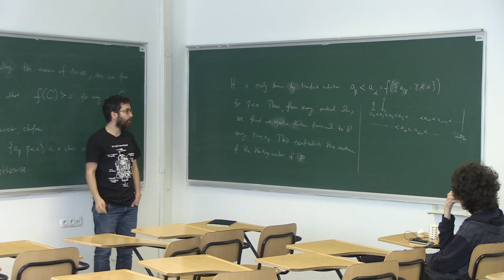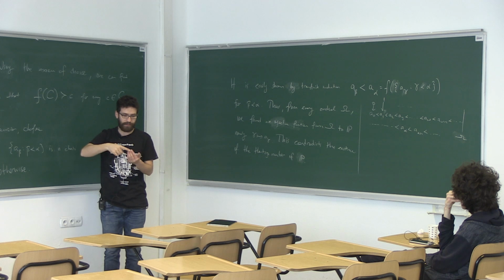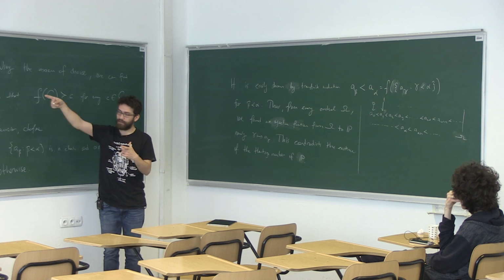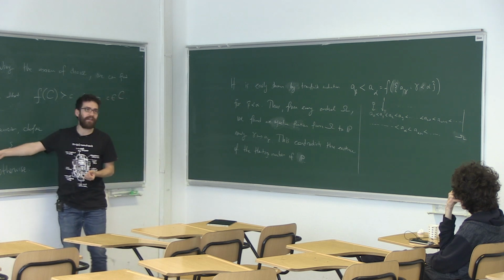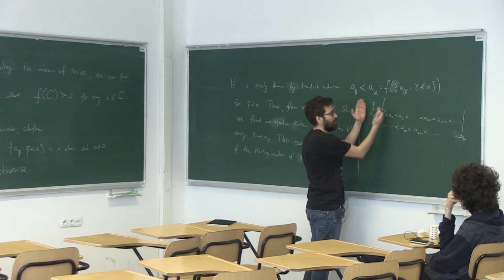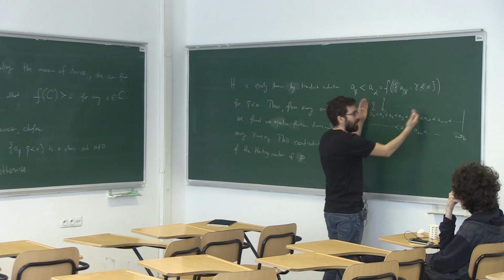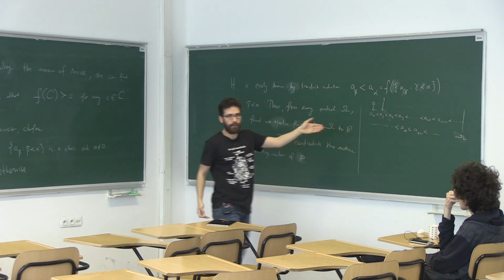So the idea of the proof is easy. If you just assume that for every chain you can find something which is strictly greater than everything in that chain, you can just pick elements transfinitely. This is a chain, pick some element. This is a chain, pick some element. You can do this transfinitely.